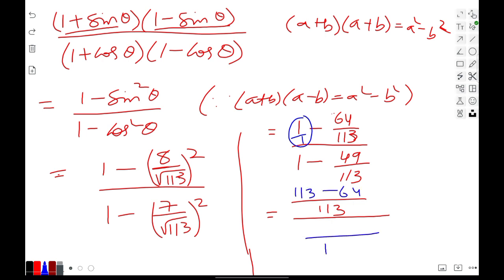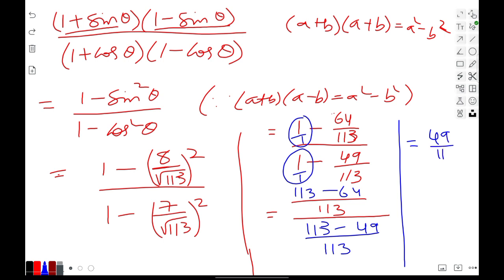In the same way, in your denominator 113, here also you need to multiply and divide with 113, so that you will get 113 minus 49. So 113 minus 64 is 49 by 113, by 113 minus 49 is 64 by 113. Here 113 will get cancelled. Therefore the answer is 49 by 64.